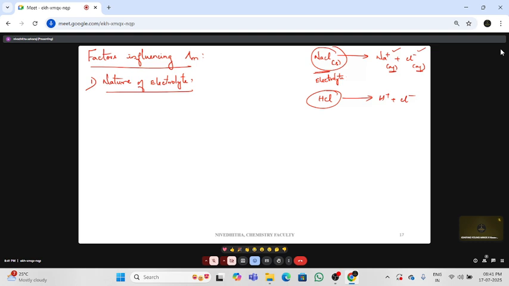Fine. So we know what an electrolyte is. But we have two types of electrolytes. As far as sodium chloride and HCl are concerned, if you add 100 molecules of sodium chloride inside water, all 100 molecules will get dissociated into Na plus and Cl minus. Now tell me how many Na plus and how many Cl minus will be there if you dissolve 100 molecules of NaCl?